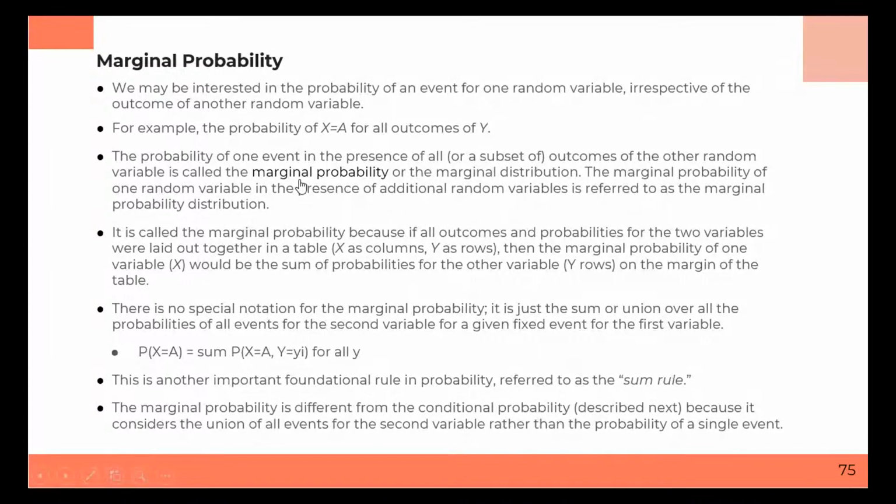Okay. So what are we saying? The probability of one event in the presence of all or a subset of outcomes in the other random variable is called marginal probability or marginal distribution. The marginal probability of one random variable in the presence of additional random variables is referred to as the marginal probability distribution. Why are we saying distribution?